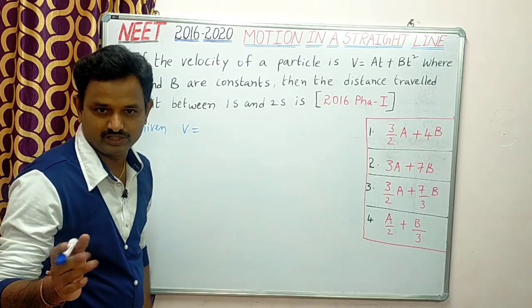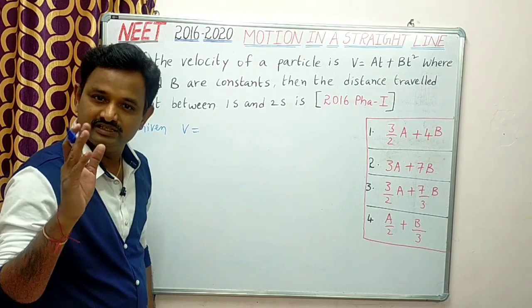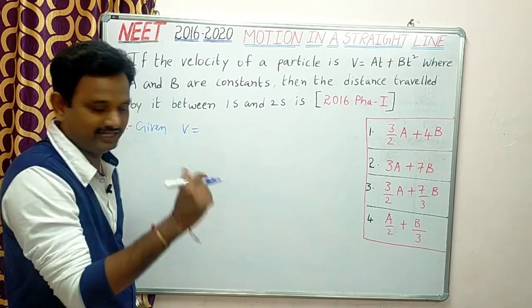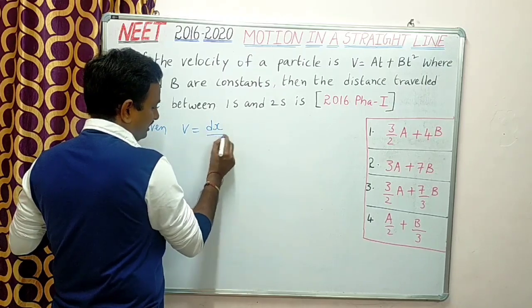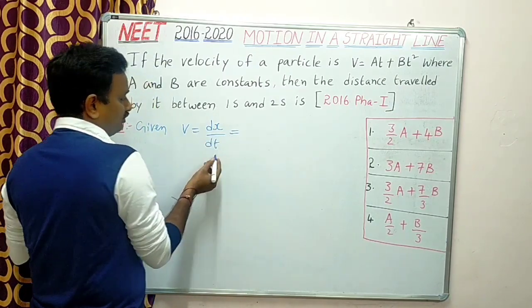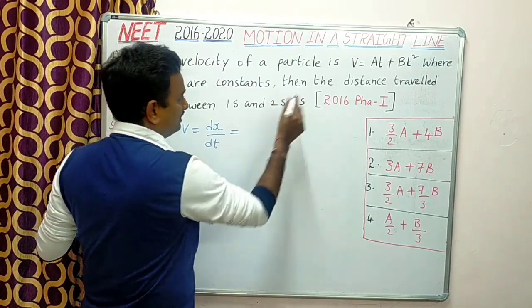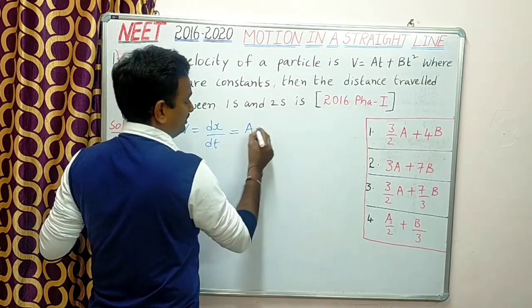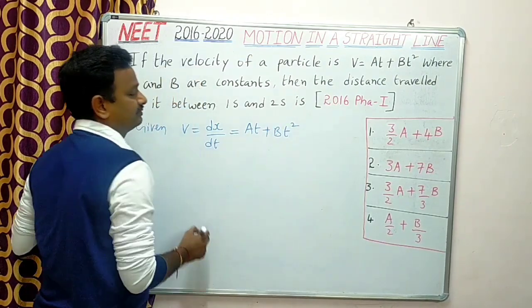See, v means displacement by time. That means the derivative of displacement gives us velocity. Look at here, v equal to dx by dt, that means derivative of x with respect to time. So what we will get? That is at plus bt square.